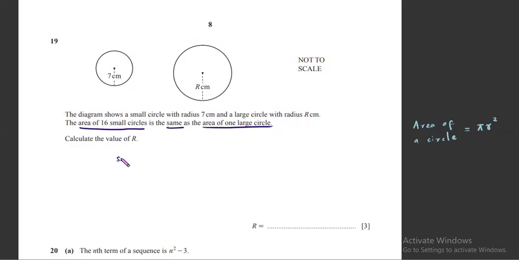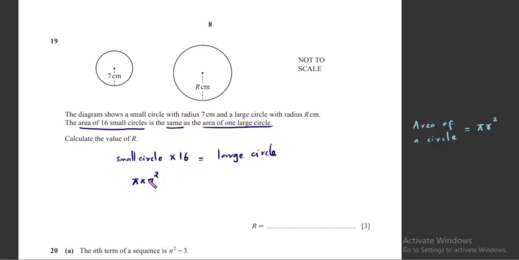That means small circle's area, when I times it by 16, this will be equal to one large circle's area. This is something to do with area. So area of circles. So in that case, we need to use the area of the circle formula, which is pi r squared. So to calculate the area of a small circle, we would do pi times the radius of the small circle, which is 7. So that's going to be 7 squared.